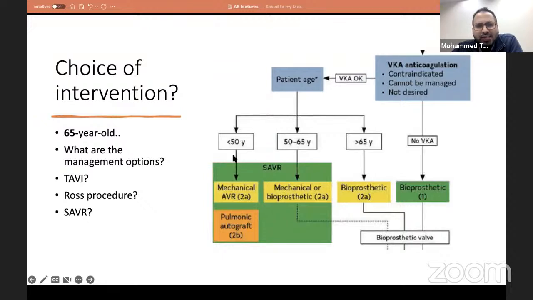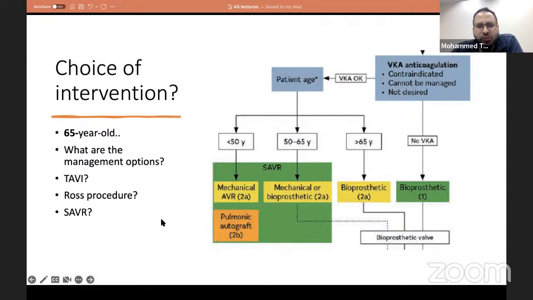In the patient population less than 50, mechanical aortic valve replacement is still recommended as class 2A in comparison to bioprosthesis. Patients between 50 and 65, mechanical or tissue, either or, they're both class 2A, and more than 65 years of age, bioprosthetic valve is class 2A.